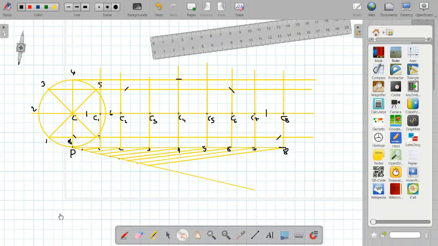Now, at last, we have to make a smooth curve passing through all these particular points, and that curve should be the dark curve, like this. So I hope there is no doubt in drawing the cycloid now.